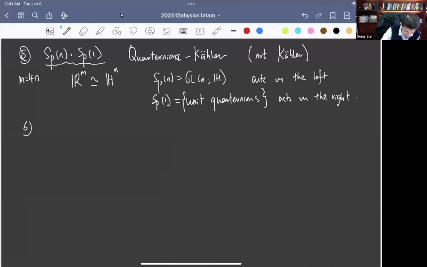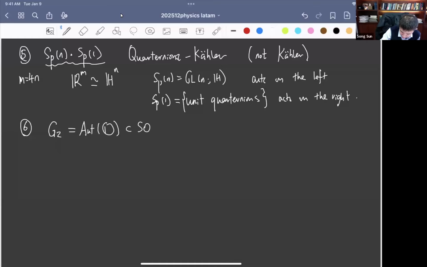Number 6: there are two isolated examples. The previous examples appear in families with a parameter n. Here there is just one, G2. This is a subgroup of SO(7). It's defined as the automorphism group of the octonions.